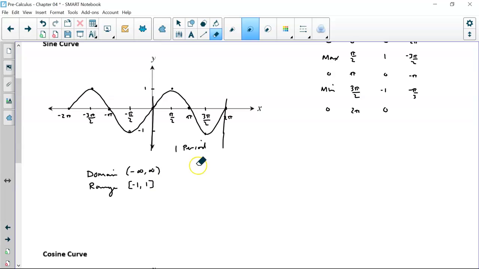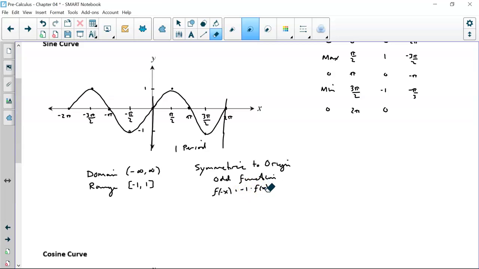Now, sine is symmetric to the origin. It has origin symmetry, which means it's an odd function. And as a refresher of what an odd function is, f of negative x equals negative 1 times f of x.